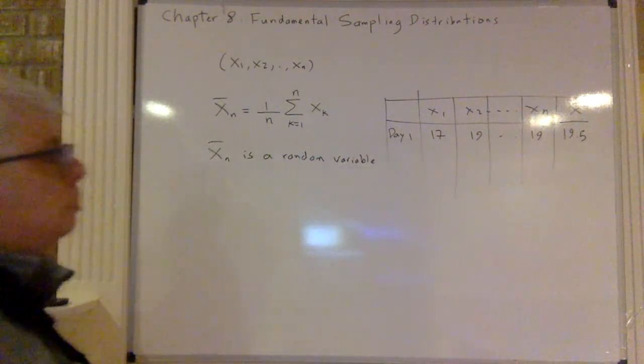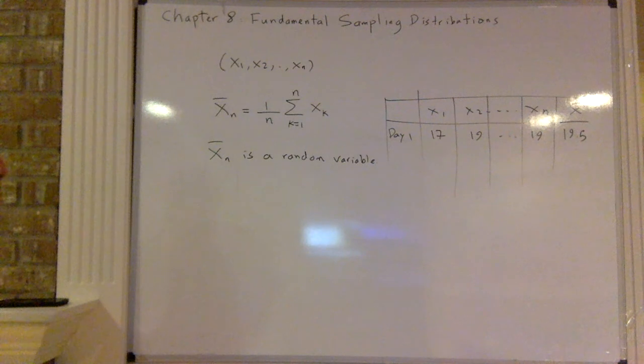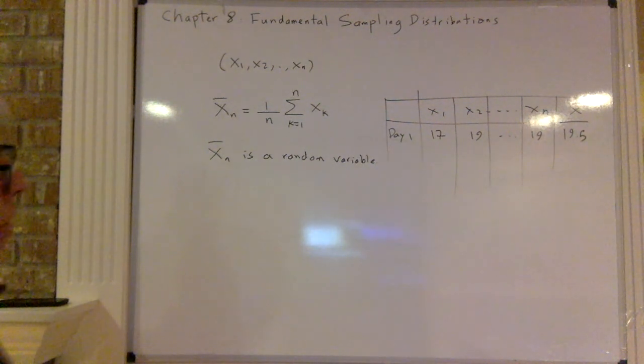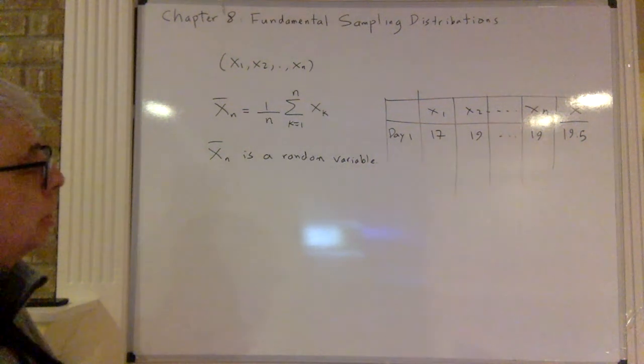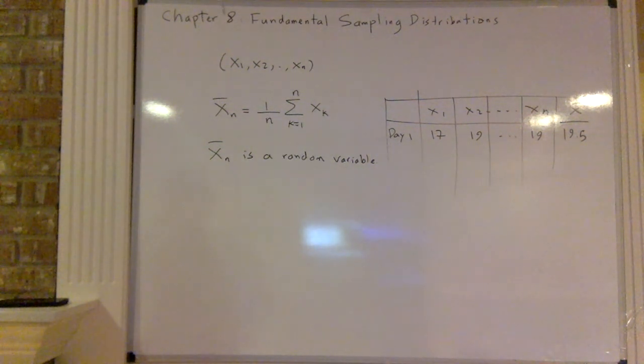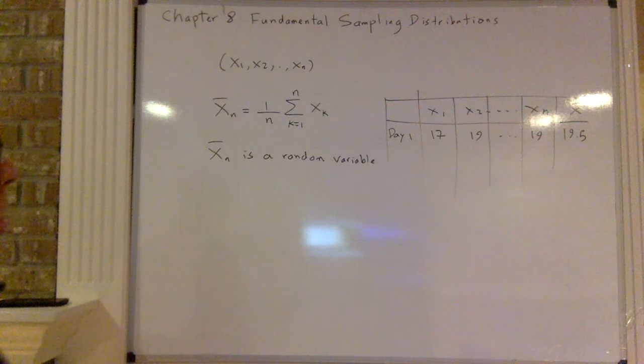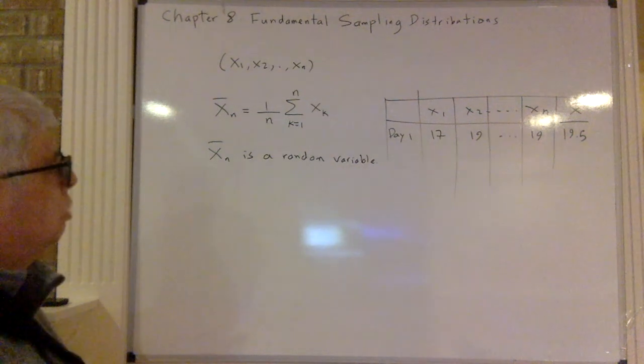Okay, now we want to see what distribution this one has. In fact, that's the first thing you usually study for any population. When you find the sample, to study that sample, you should know the distribution of this, or you assume the distribution. So let's see what we have here.